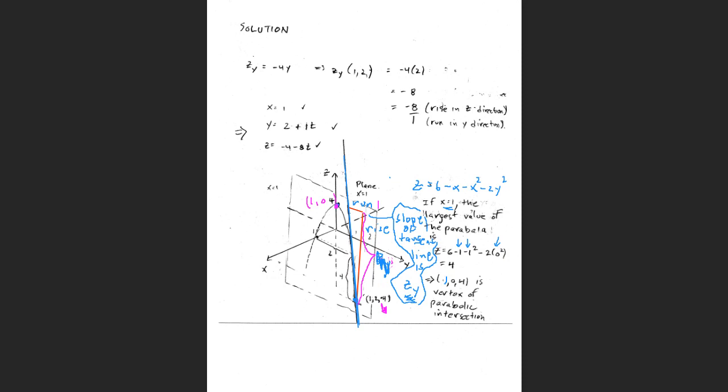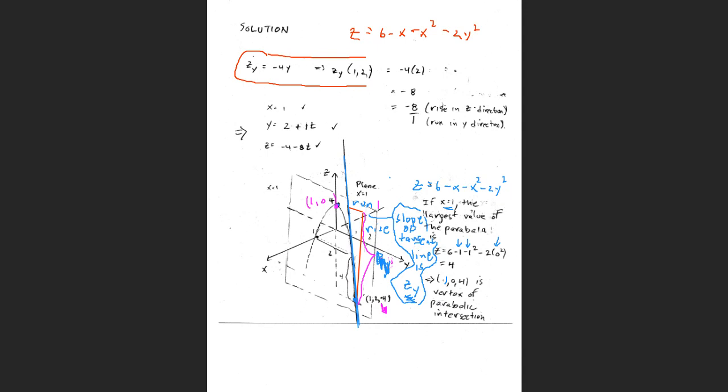So we compute the partial derivative of z with respect to y, which is equal to negative 4y. That makes sense because remember, z is equal to 6 minus x squared minus 2y squared.